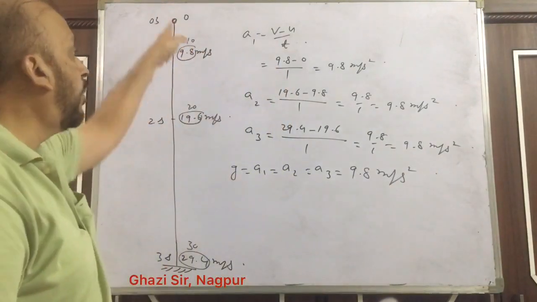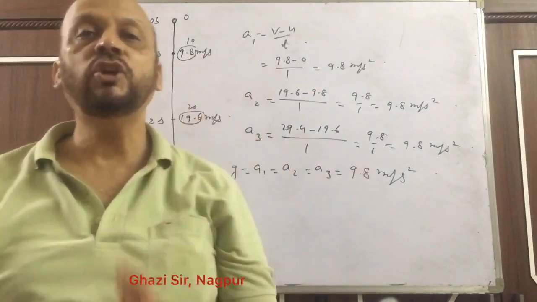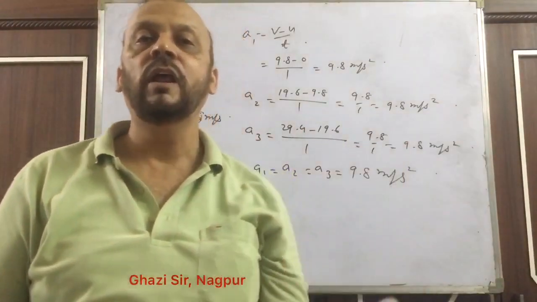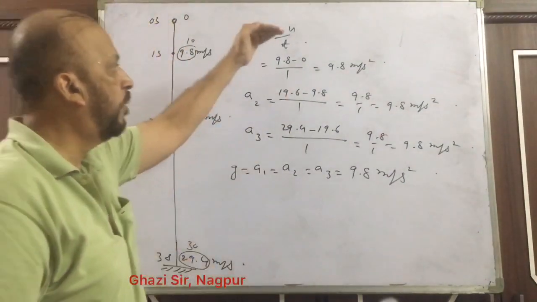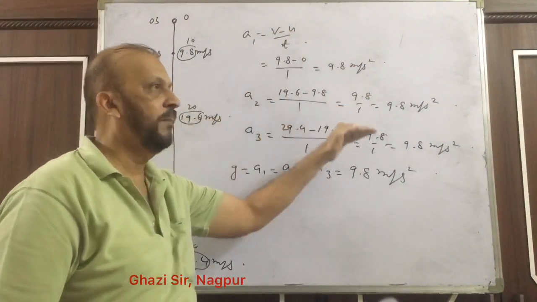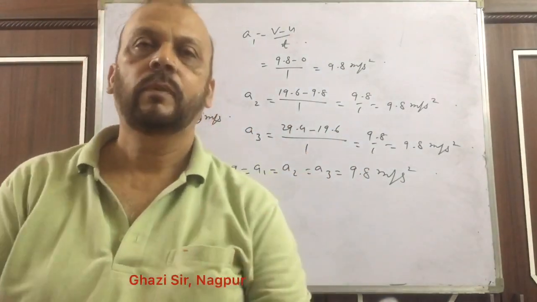So at every point acceleration remains constant. So throughout the path, acceleration due to gravity remains constant when an object is falling from a small height. So this is 9.8, this is 9.8, this is 9.8. So this is acceleration due to gravity.